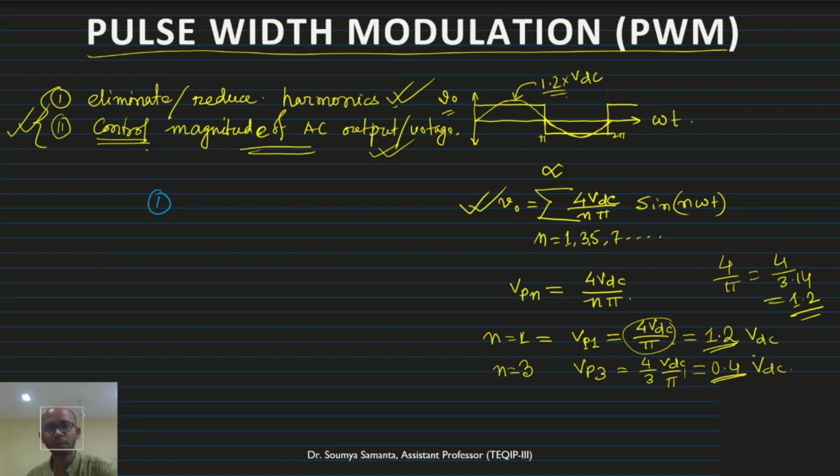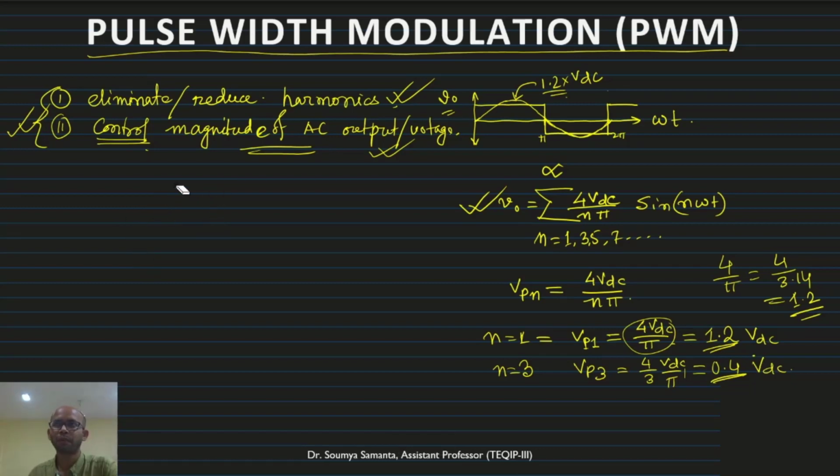If we have multiple pulses in one half cycle, we call it multiple pulse modulation. If we control the width of the pulse using a sinusoidal reference wave, it is called sinusoidal pulse modulation. We will discuss one by one in the next part of this lecture.